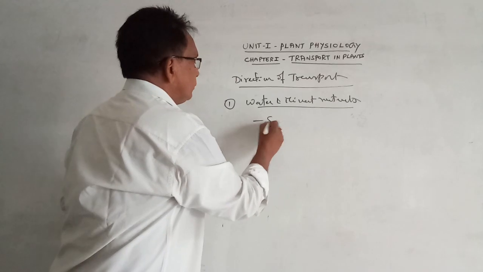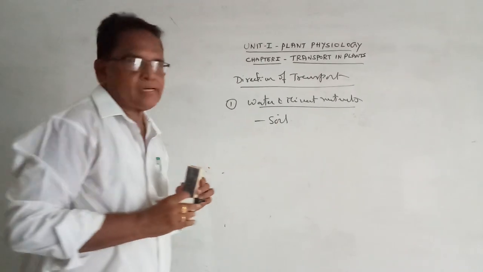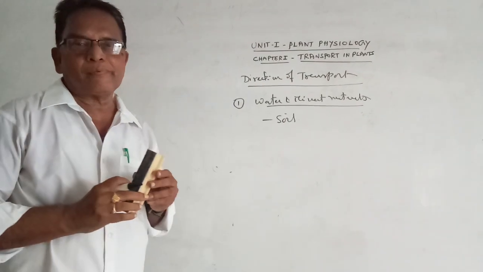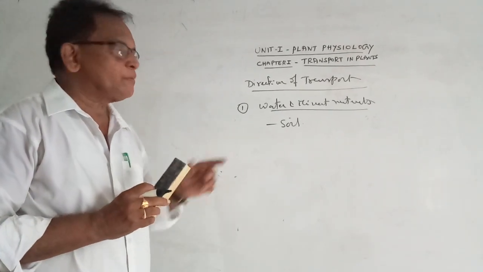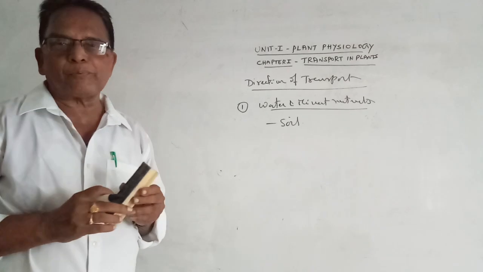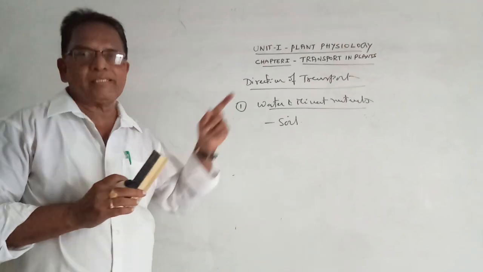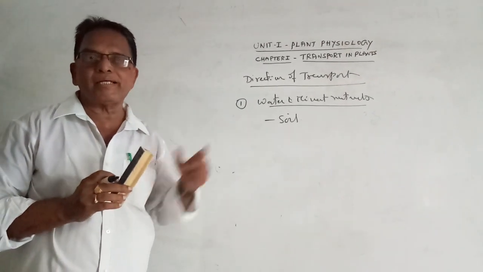Normally these are available from the soil. So the root system is mainly responsible for the absorption of this water, and from the root system the water is transported to the tip of the tree over longer distances.